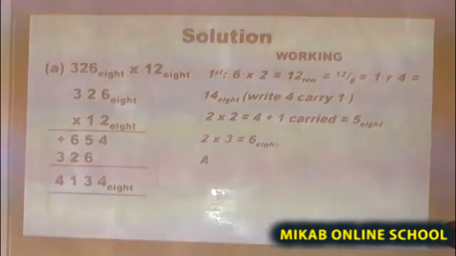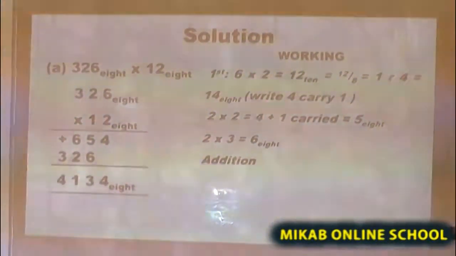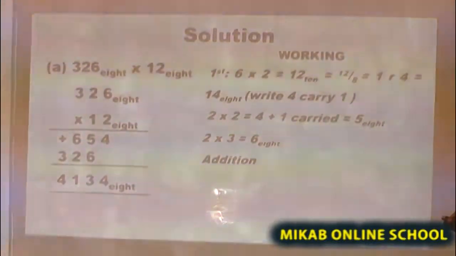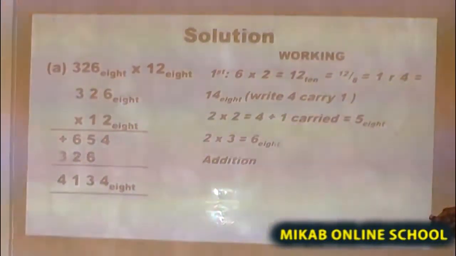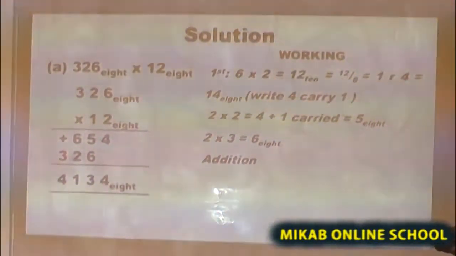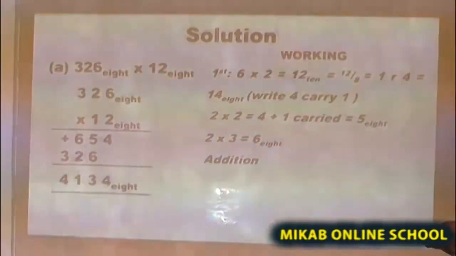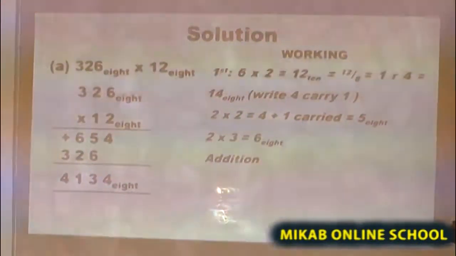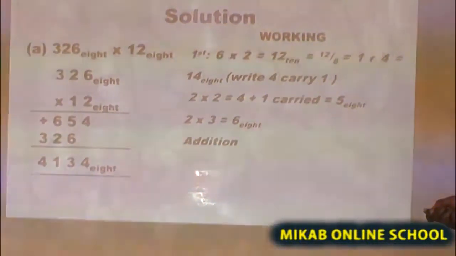Now we move to the second aspect. We will be multiplying by 1. 1 multiplying 6 gives 6, 1 multiplying 2 gives 2, and 1 multiplying 3 gives 3. There's no need for conversion, because all the results we get by multiplying by 1 are less than 8.